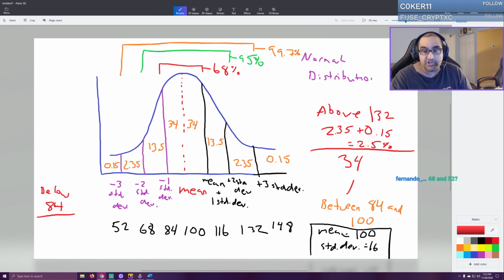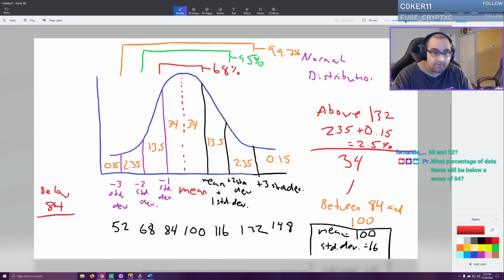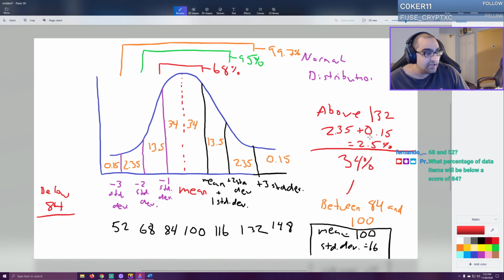So I want a percentage here, okay? That's what I want you to look at here. What's the question that I'm asking you here? Notice that my answers here have been percentages, okay? 34% or 2.5%. Each of these things here that are in these boxes also represent a percentage, okay? These are each percents.